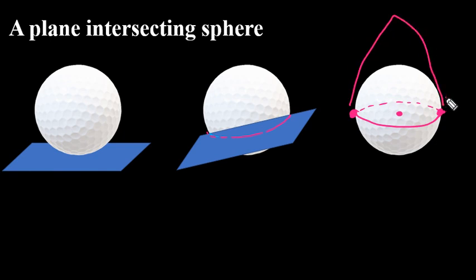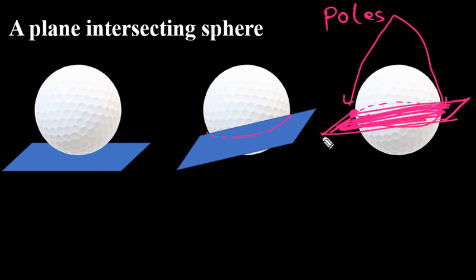These 2 points, this and this, will be called poles, and this will be your great circle when you are intersecting from the center like this. So that's how you do the intersecting of a sphere using a plane.